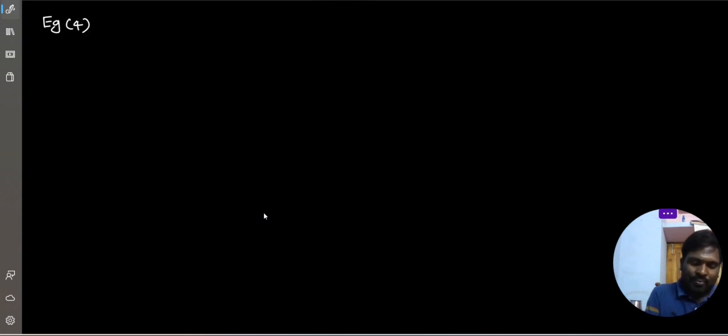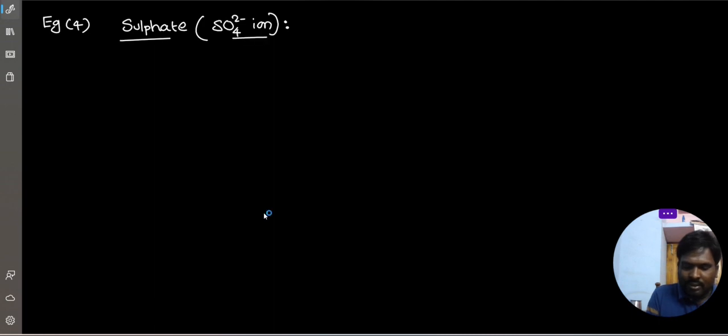Example 4: the sulfate ion, SO4 2 minus. For the SO bond order, how can you identify it? Here there is no need to write all the resonance forms.